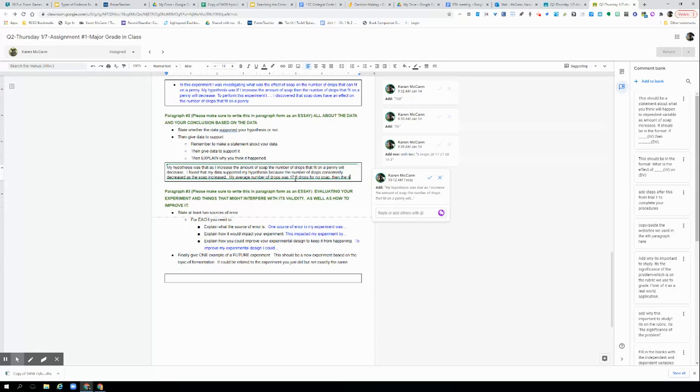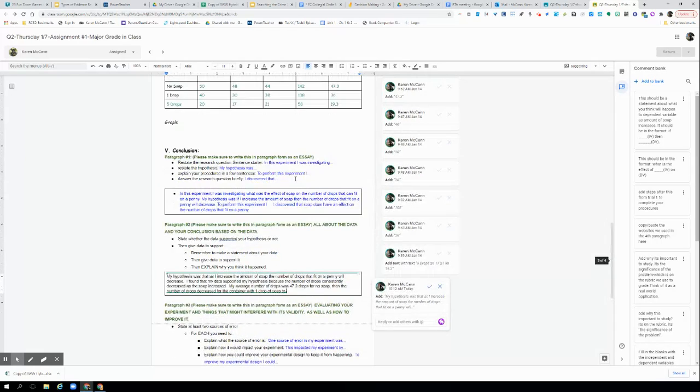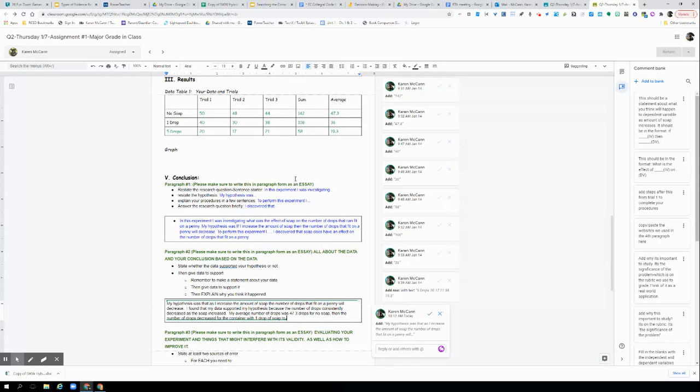Then the number of drops decreased for the container with 1 drop of soap to, you want to say specific numbers, to 36 drops.